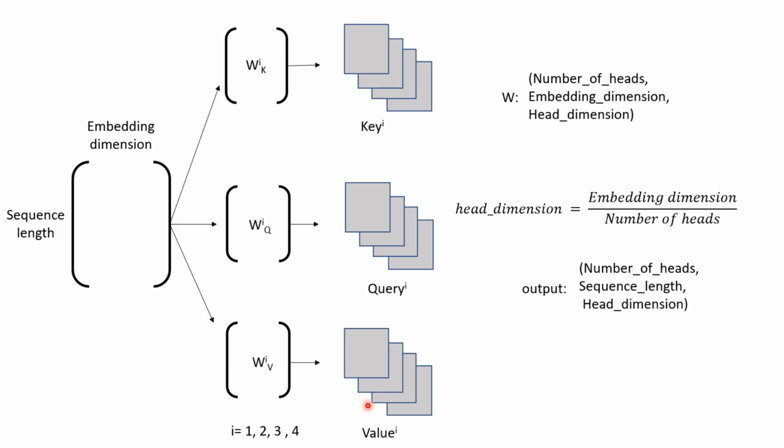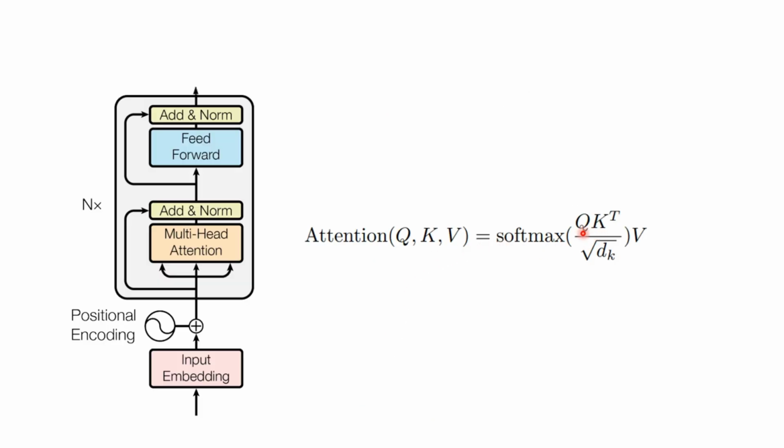The dot product of the keys and queries is calculated to determine the alignment between tokens, and these alignment scores are used to weight the values. The result is an embedding vector enriched with contextual information from the entire sentence, capturing the relationships between all tokens.